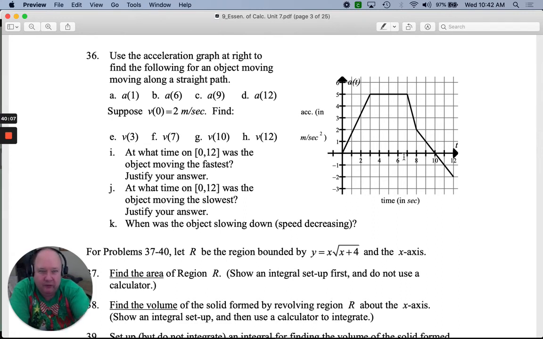If I integrate from 3 to 7, it's just a rectangle. From 3 to 7, the width is 4 and the height is 5, so the rectangle is 4 by 5. So I'm just going to add 20 to it, and I get 29.5.